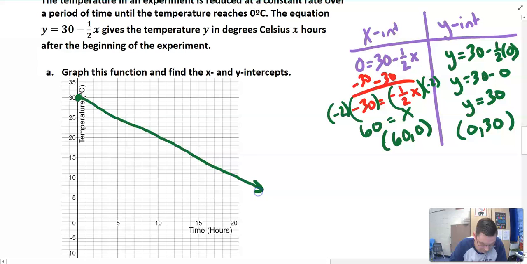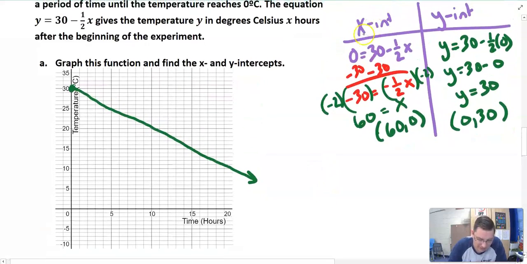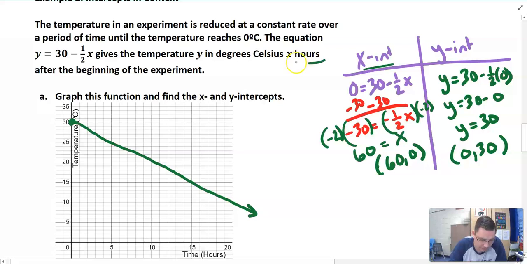Okay, so what do these intercepts mean to this problem? That's question B. What does each intercept represent? Well, the x in the problem was what? It's the number of hours. So y being 0 means I'm going to have 0 degrees Celsius, because that's the y. At what point? At 60 hours.